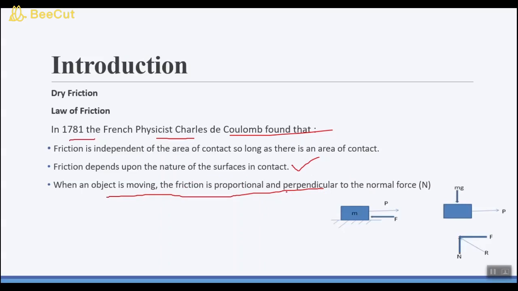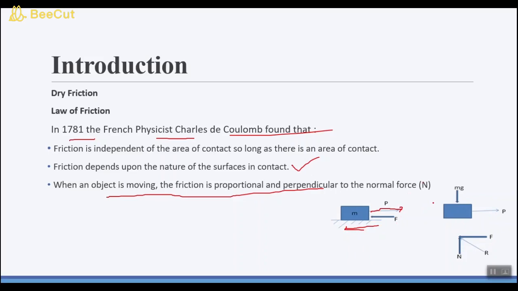So let's consider this figure. Here we can see a body of mass m, and if I want to move it in the direction of P, I will apply a load P here. As it starts moving, an opposite force F will act in this direction.